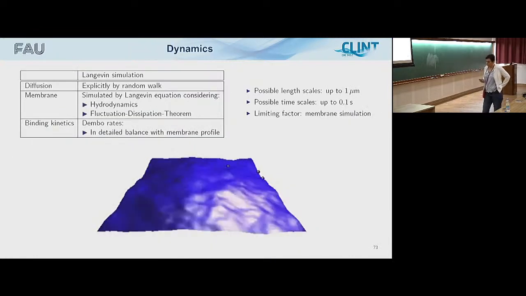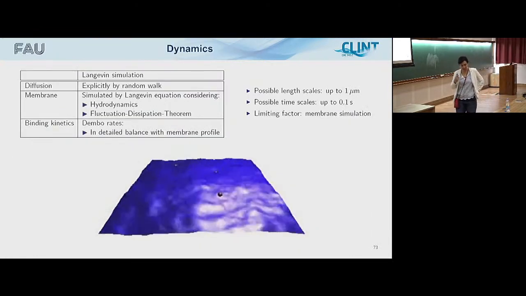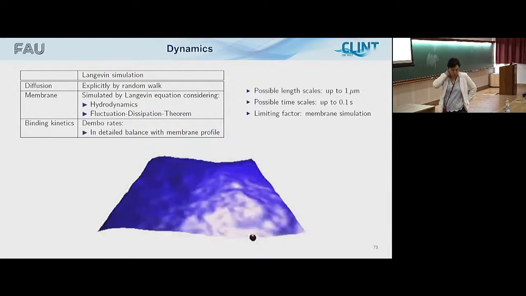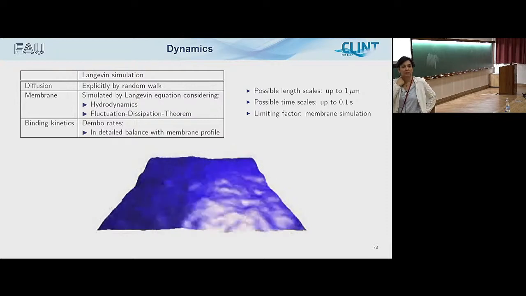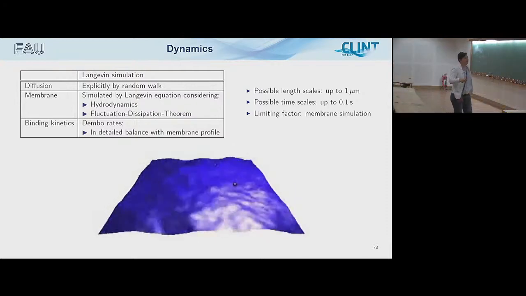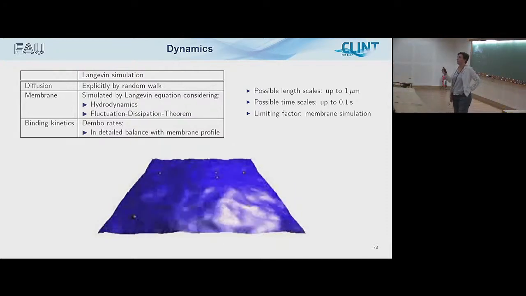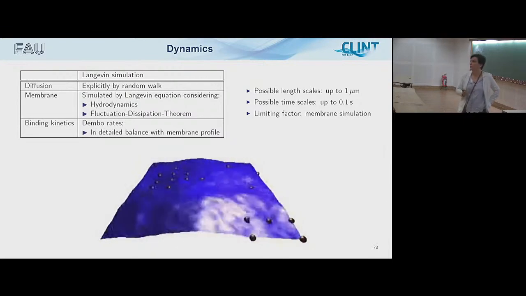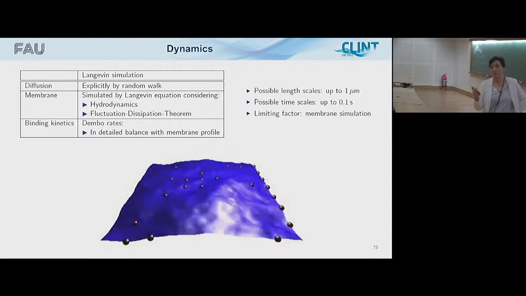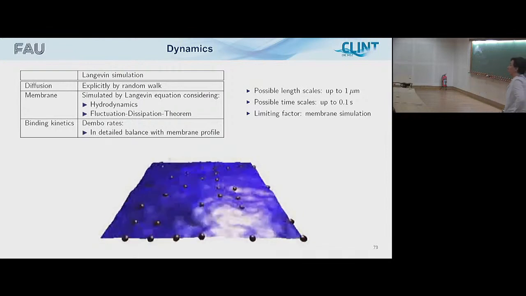Now that you have a model, you can say, well, I can do many things. I can do Langevin thermodynamics. I will take my Hamiltonian, my helpful Hamiltonian, and propagate it in time. I need to come up with the Oseen tensor for the membrane modes, which was done in the early 90s.